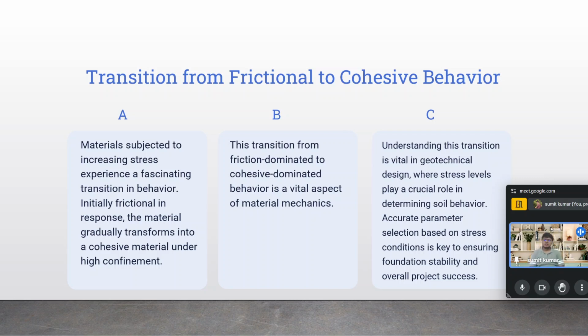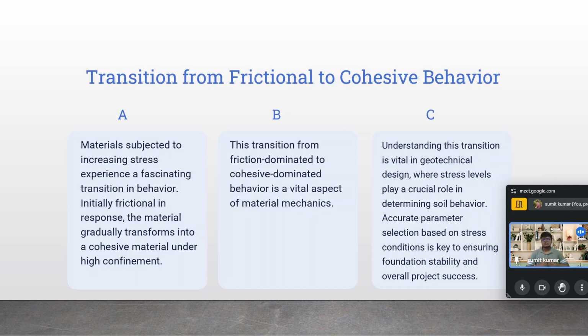In the last slide before the break, we were talking about the transition from frictional to cohesive behavior. A material subjected to increasing stress experiences a fascinating transition. Initially frictional in response, the material gradually transforms into a cohesive material under higher confinement.